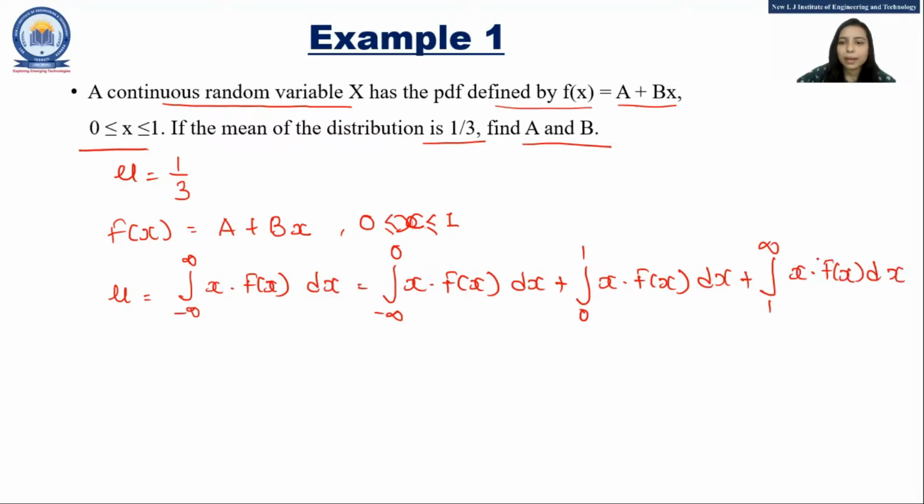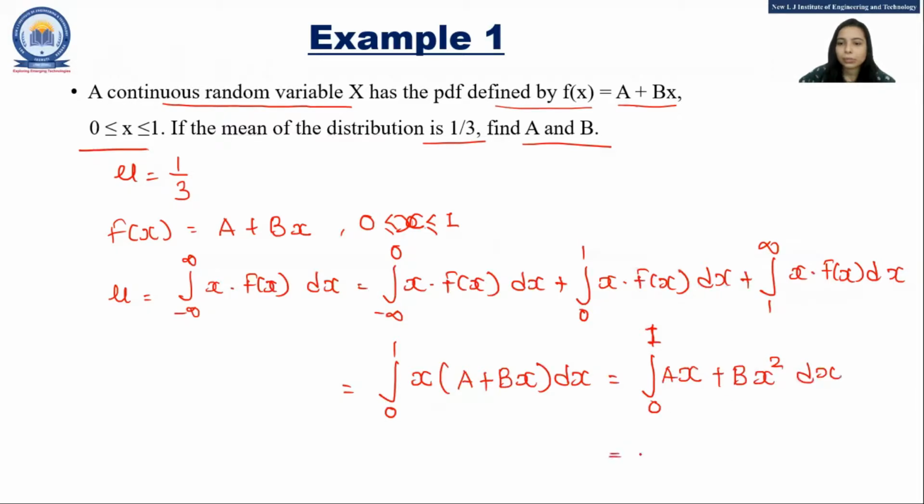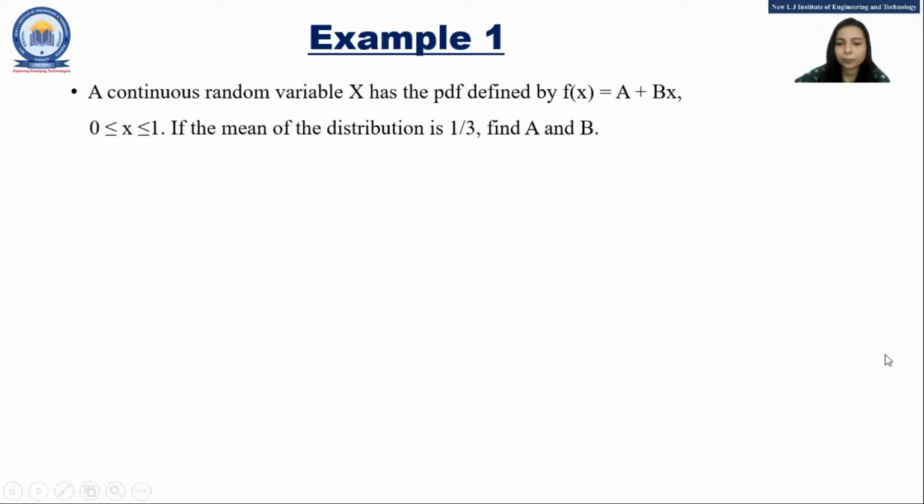Now the first term and the third term would become 0 because x lies between 0 and 1. The f of x is not defined for minus infinity to 0 and 1 to infinity. So the integral from 0 to 1 of x into a plus bx dx is equal to the integral from 0 to 1 of ax plus bx square dx. So a x square divided by 2 plus b x cube divided by 3, with lower limit 0 and upper limit 1.